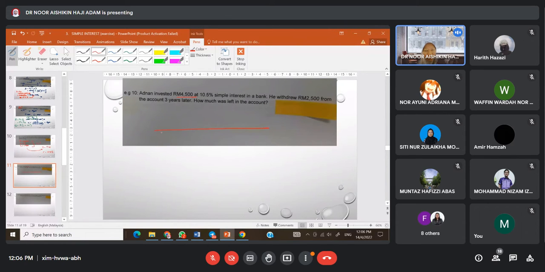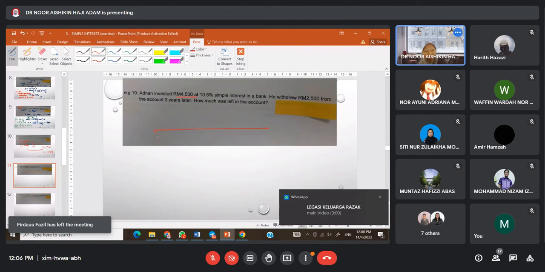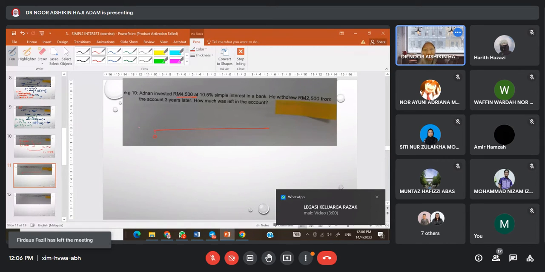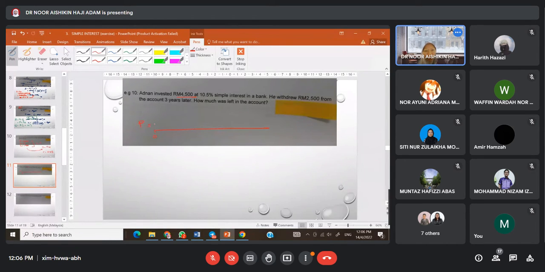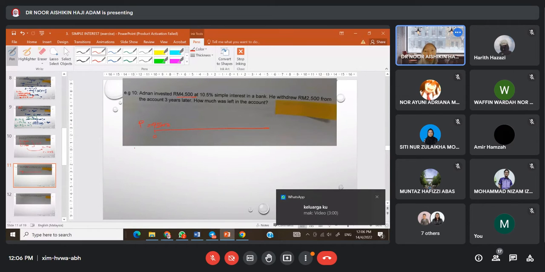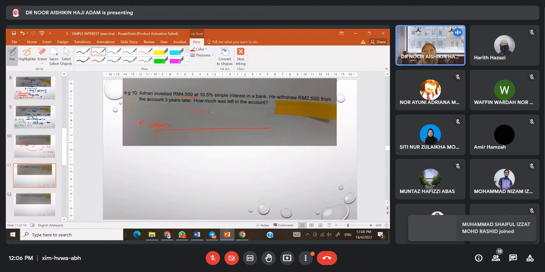Okay, 4,500 is the amount invested. So here, I'm going to put 0 here. That is P. P is 4500. What else do you know? Rate, 10.5%. He withdrew 2,500 ringgit from the account 3 years later.